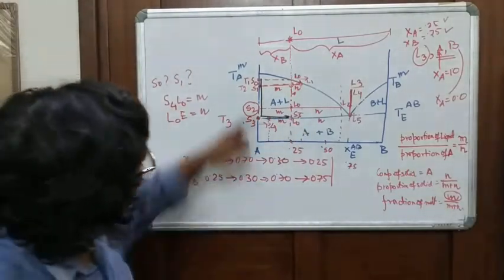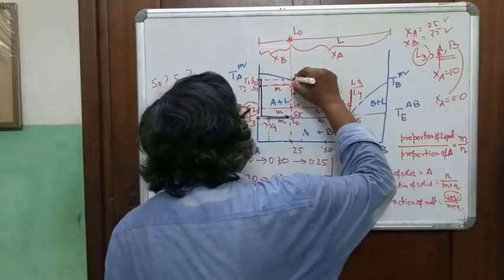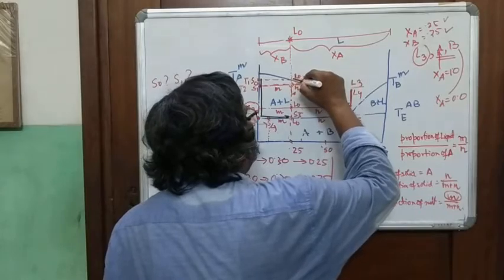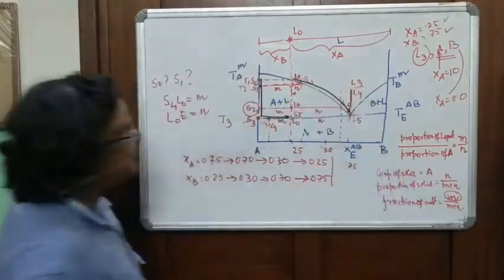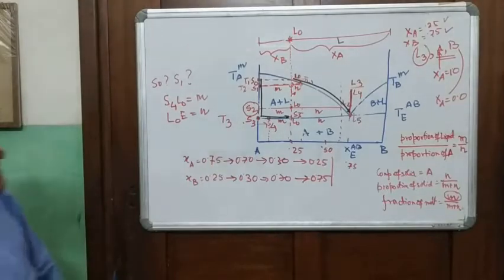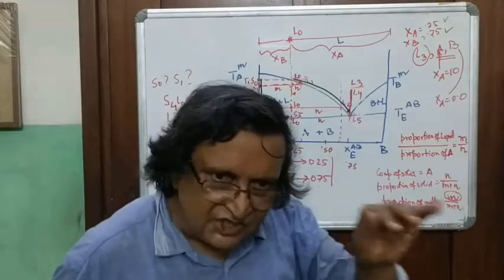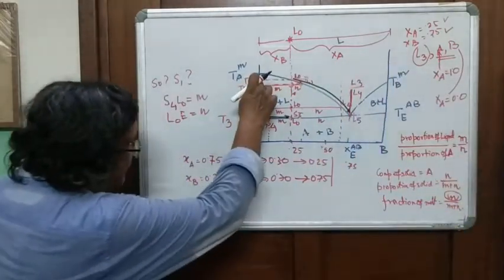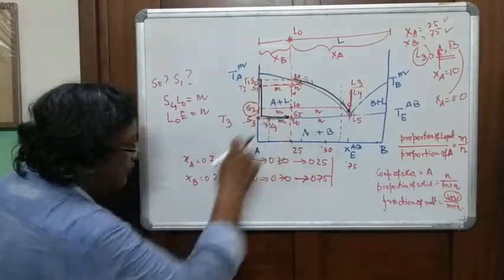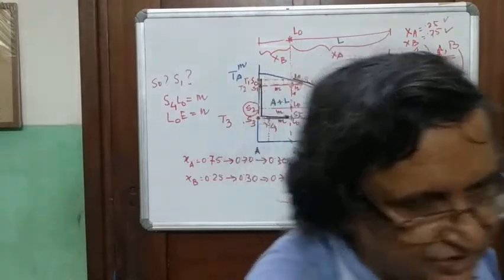And this is the path which the melt took. There are 2 paths. This is the path along which the melt changed its composition. This is the path along which the solid in equilibrium changed its composition.